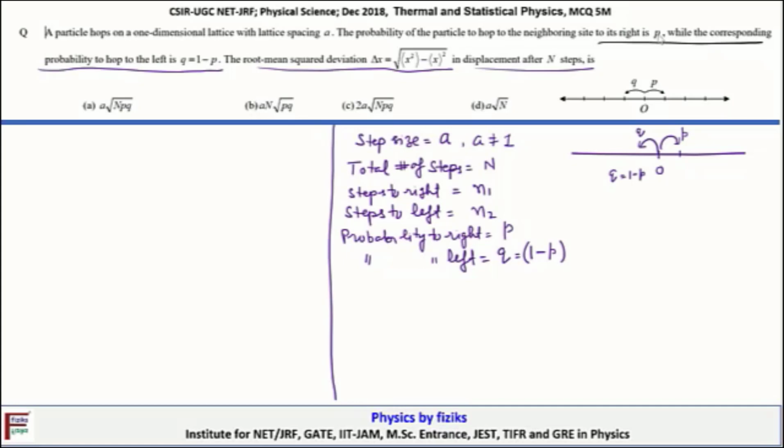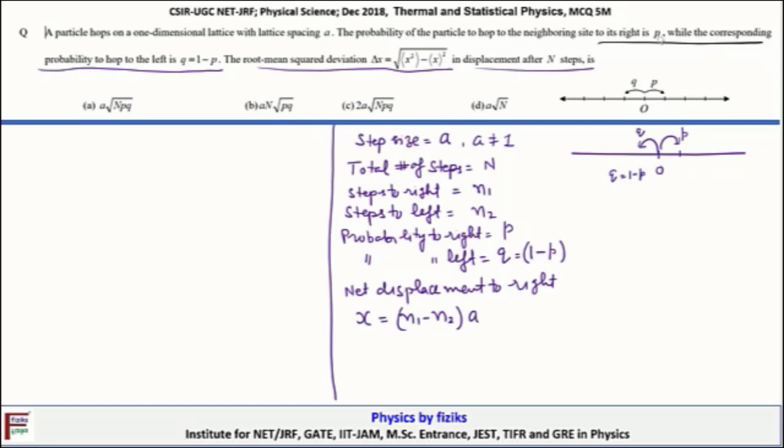Okay, now the net displacement to the right direction, if we denote it by x, is equal to n1, the number of steps to the right, minus the number of steps to the left, multiplied by the step size.